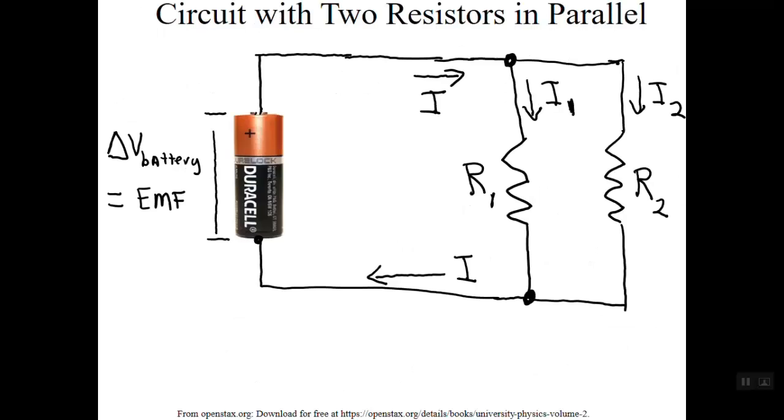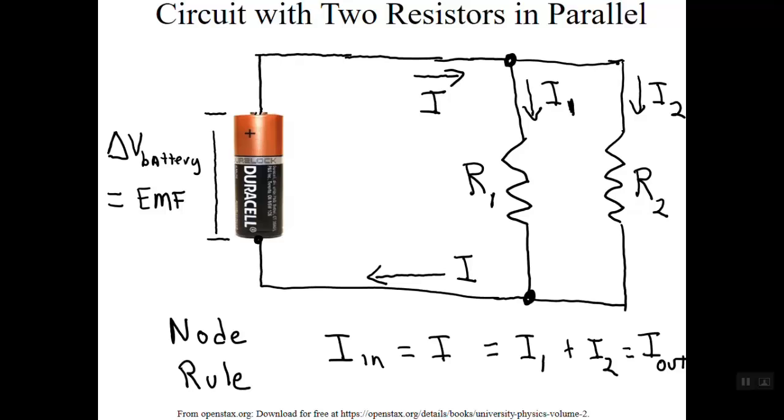Here's another important case. A circuit with two resistors in parallel. In parallel means on one side of the resistors, a current capital I gets split up between the two resistors, and on the other side, the split currents I1 and I2 combine back together into the original current capital I. Of course, what we just said is an application of the node rule.